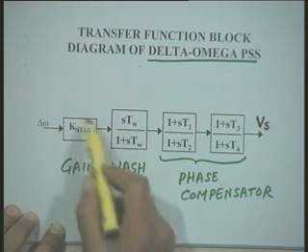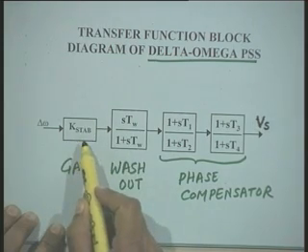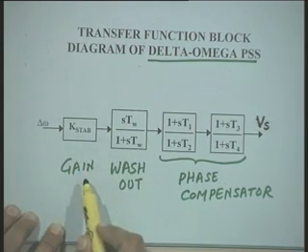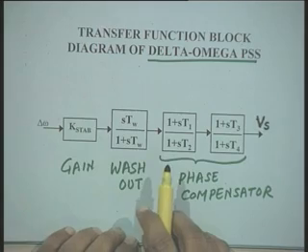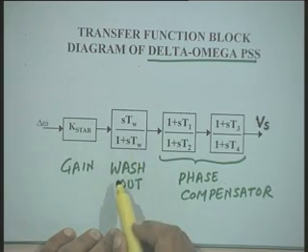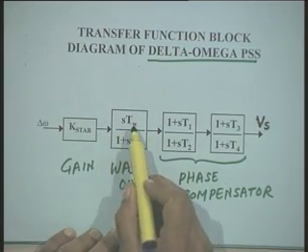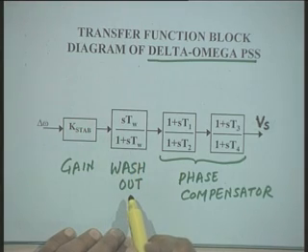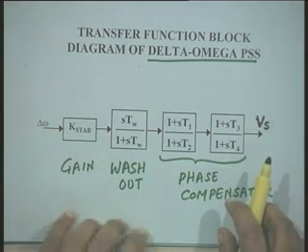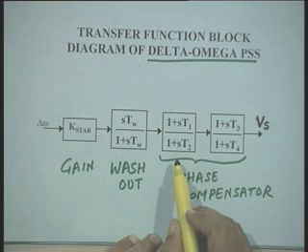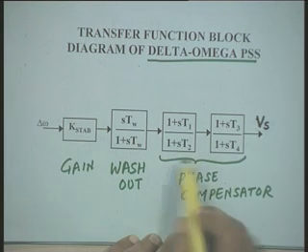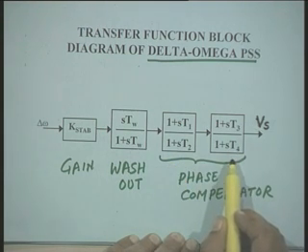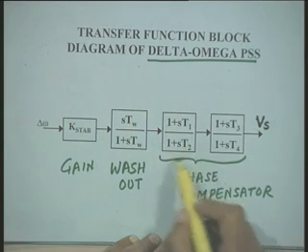The first block we denote as K stabilizer, it is the gain block. The second block is denoted as S times T W over 1 plus S times T W. This is called the washout block. The third block, in this particular case, we have shown two transfer functions.